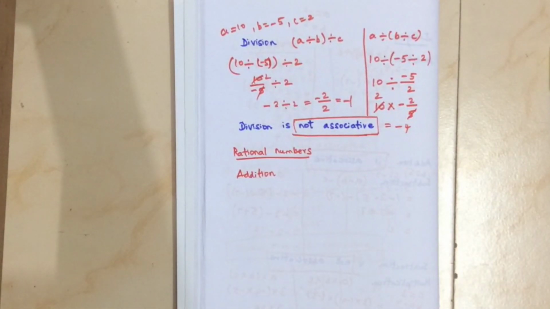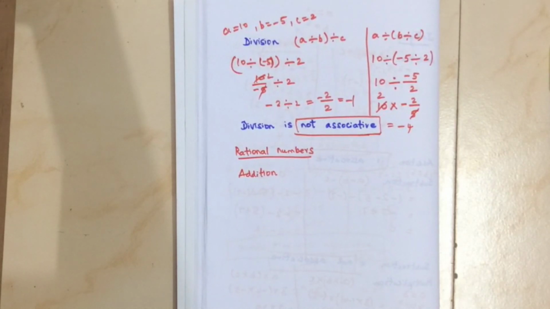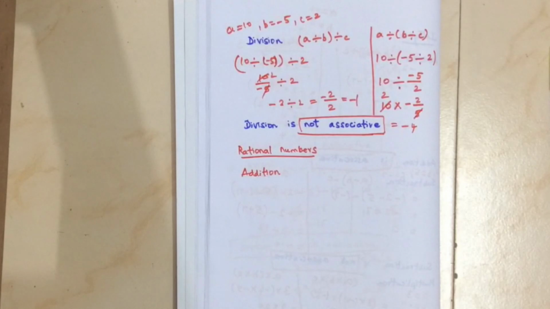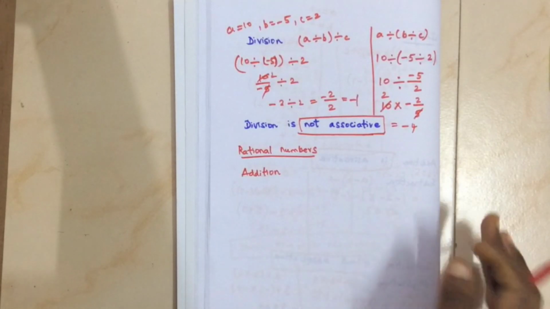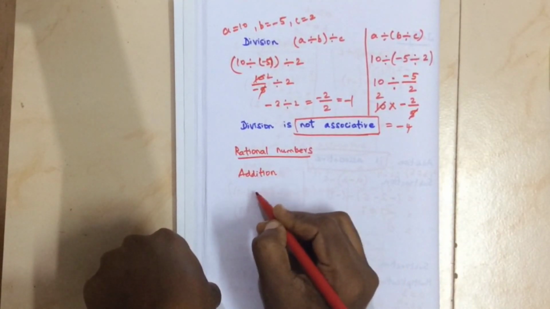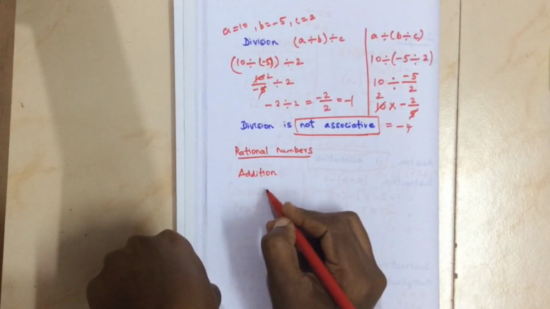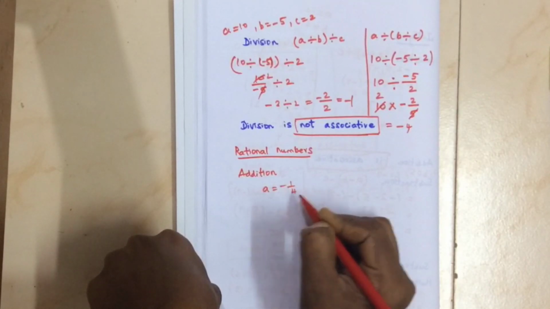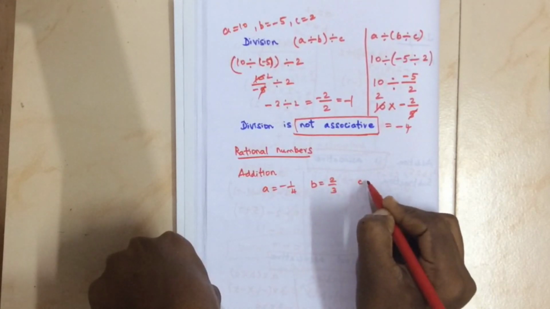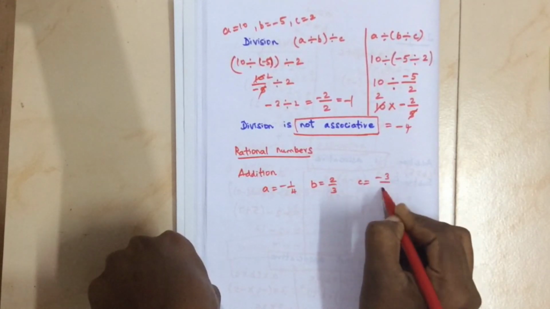So by this we are completing integers. The next is we are going to proceed to rational numbers. So we will start with addition. Similarly, we have to take any three rational numbers and check this. We will start with a is minus 1 by 4, b is 2 by 3 and c is minus 3 by 2.